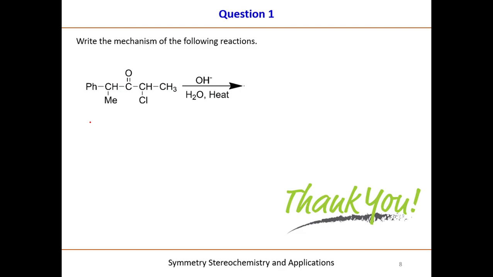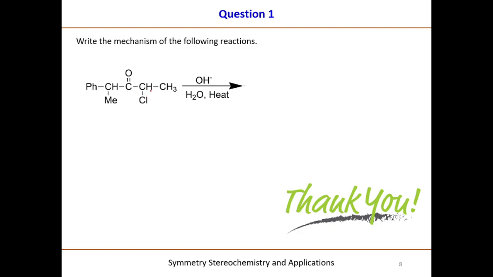So in step 1, what happens? Abstraction of an alpha hydrogen takes place. So what is the alpha hydrogen here? We have a carbonyl group, and this is an alpha proton.